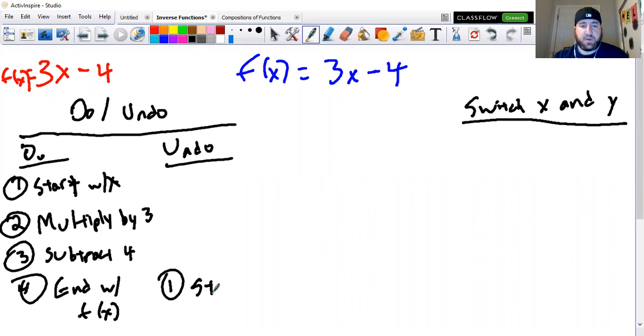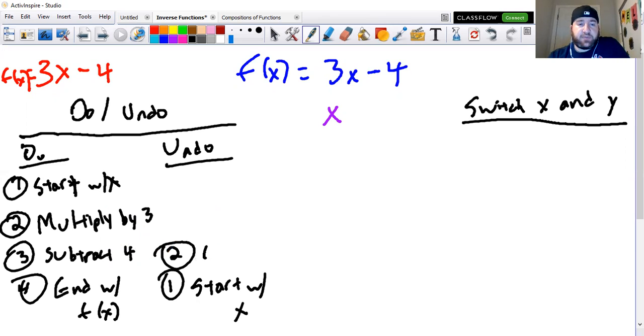Again, start at the bottom, start with x. We'll use purple. This is where the undo comes into play, because now I have 2 mathematical steps. Instead of multiplying first and then subtracting, I'm going to do the opposite of subtracting first, and then the opposite of multiplying second.